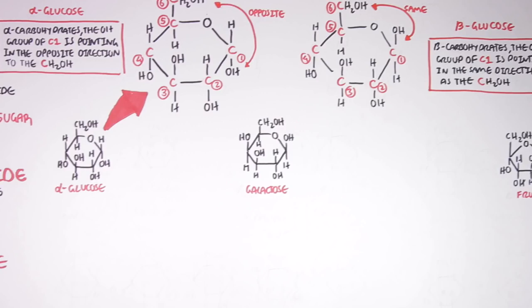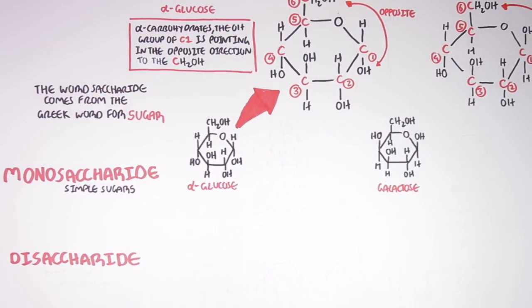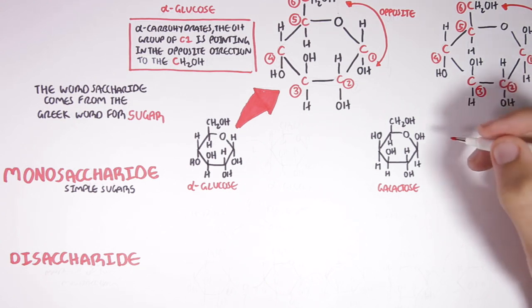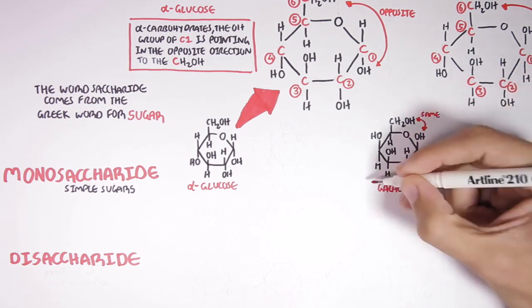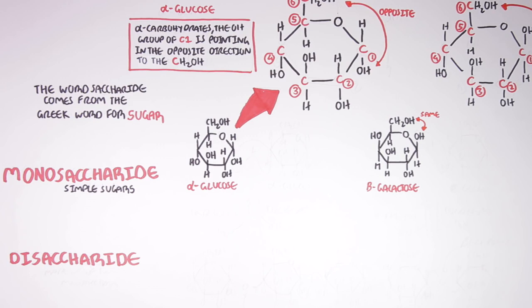And again, these alpha and beta configurations also apply to other types of carbohydrates, such as galactose as well as fructose. So for example, this galactose molecule is actually a beta galactose because the hydroxyl group here and the carbon number 6 is pointing in the same direction.